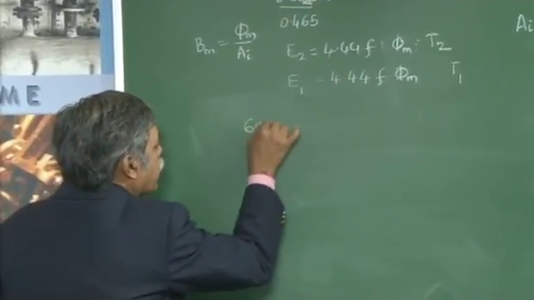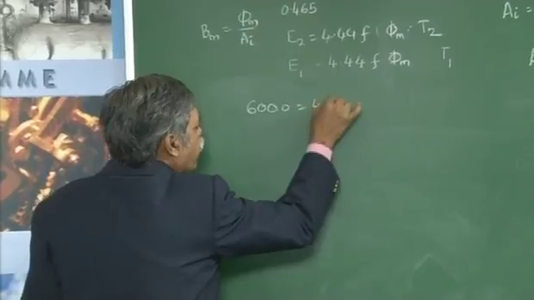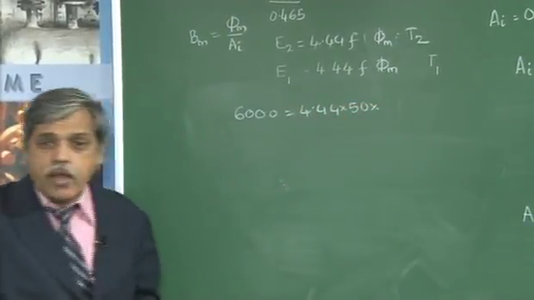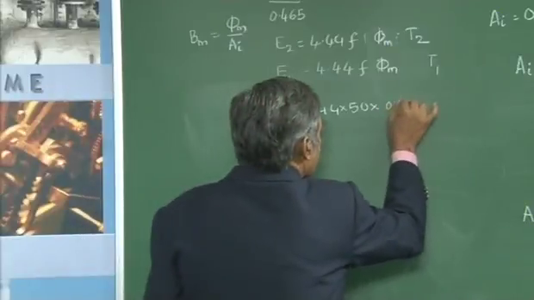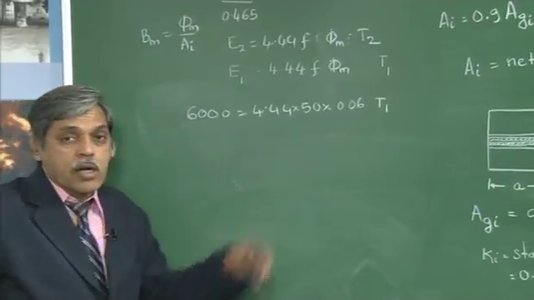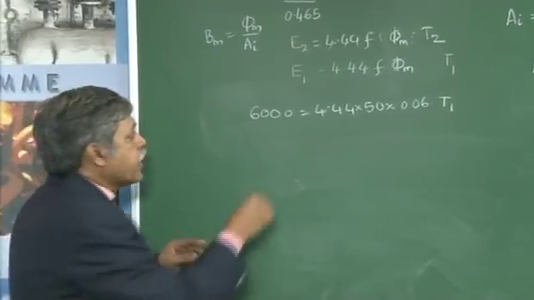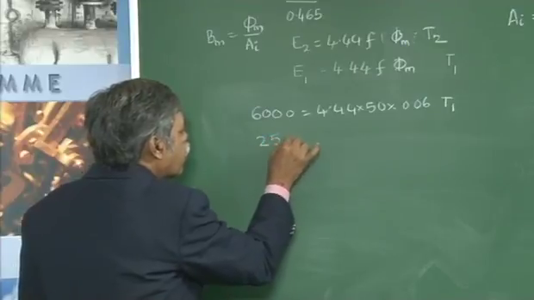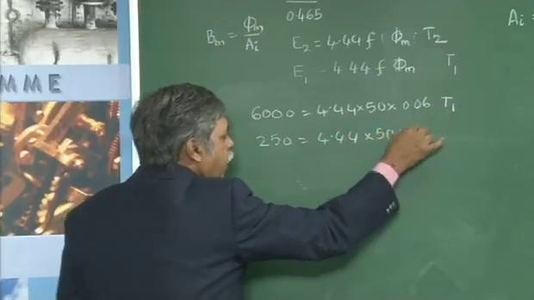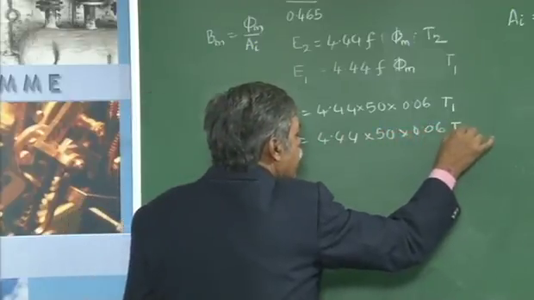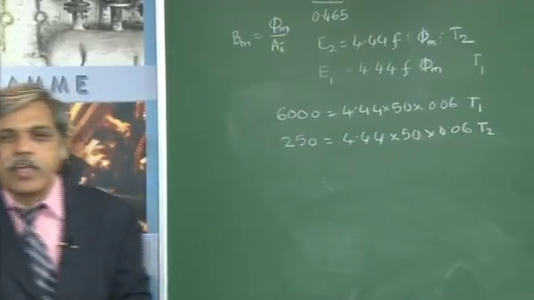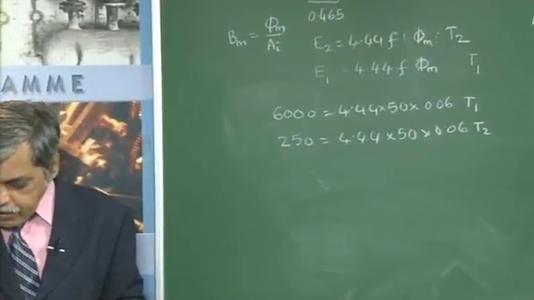So 6000 is equal to 4.44 into 50 multiplied by the flux value given as 0.06, T1 is unknown. So I can compute the value of T1. In the case of the second equation, 250 is equal to 4.44 into 50 multiplied by 0.06 T2. So just by dividing 250 by the product, I can calculate the number of turns in the secondary winding.